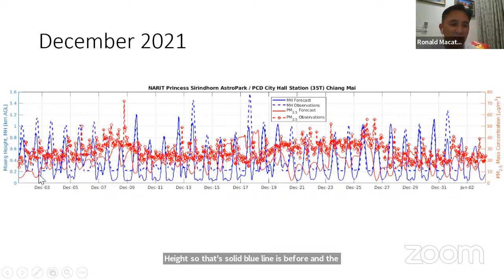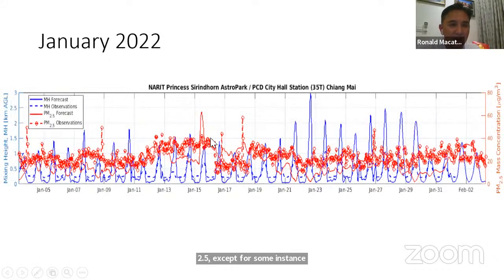In December 2021, we were getting the PBL height quite well, and also the PM 2.5, except for some instances. Then from December to January, the biomass burning starts to begin, but is still not in full swing.